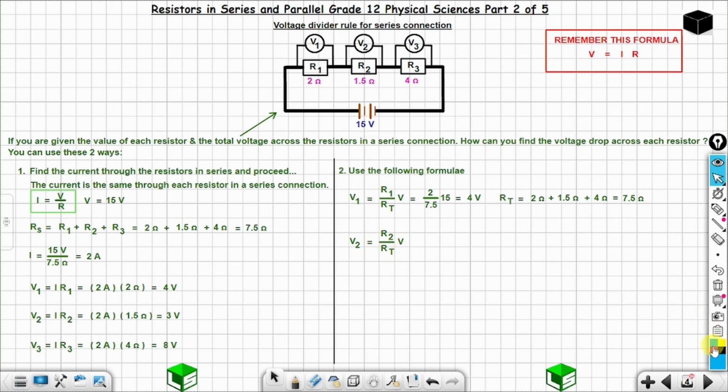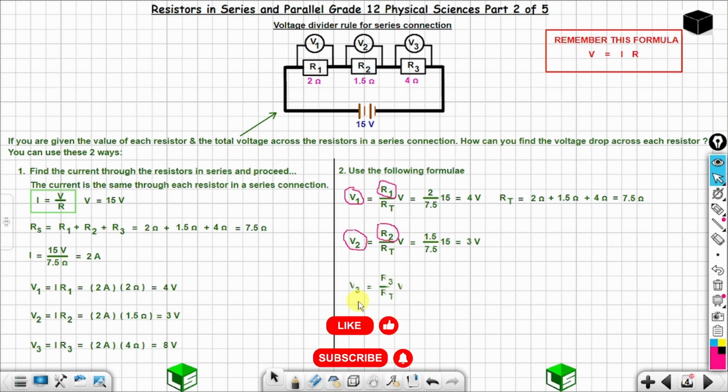Can you see? When you are calculating V1, you're going to have R1 in the numerator. When you are calculating V2, you're going to have R2 in the numerator. So this is equal to R2 over total resistance times V. You are going to have 3 volts.